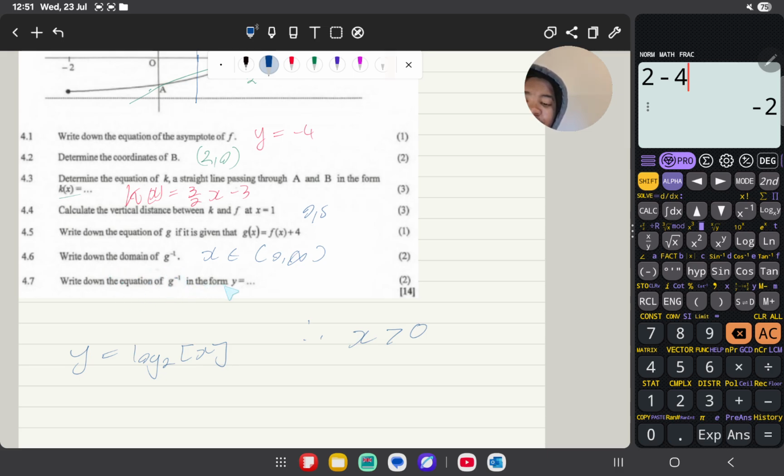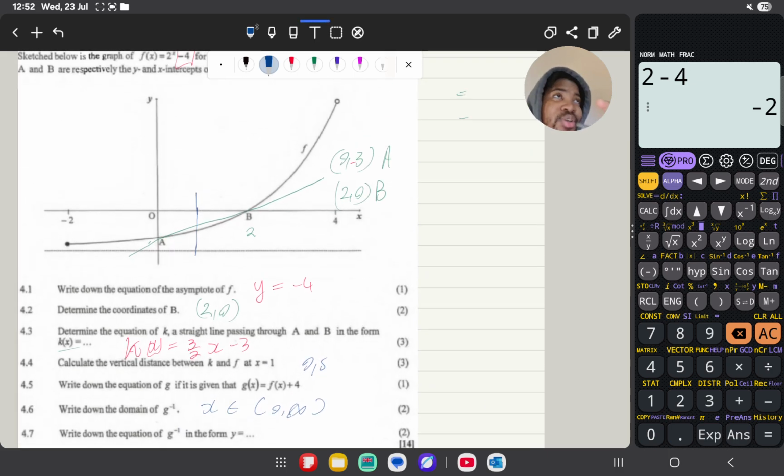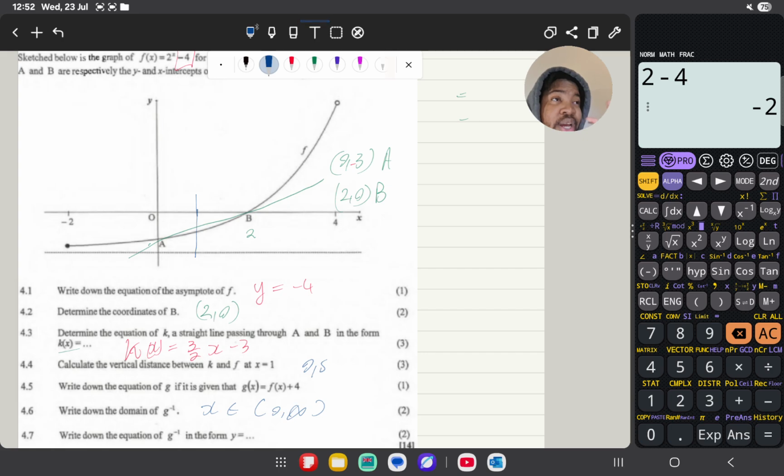Here they say write the equation in a form of, and I would think maybe there was a way of finding the domain at number 6 without getting the equation first. Because once you have the equation, you can see where x will be defined and where it will not be defined, and you can use that to say this is my domain and this is my range.